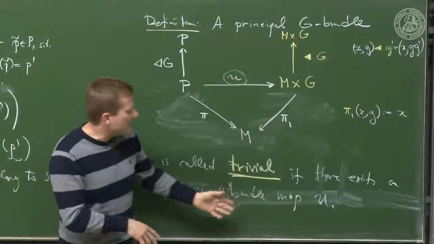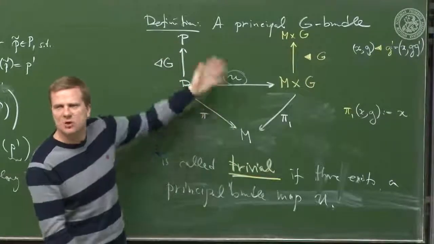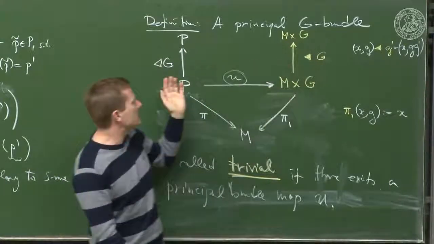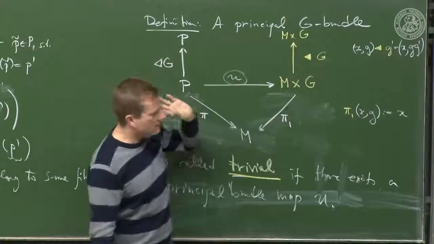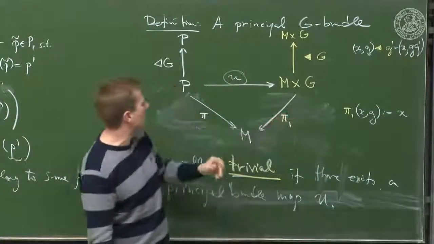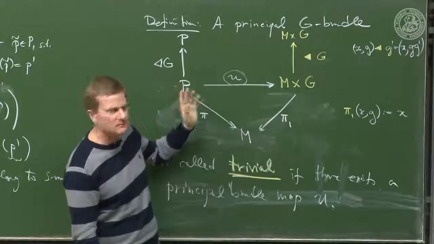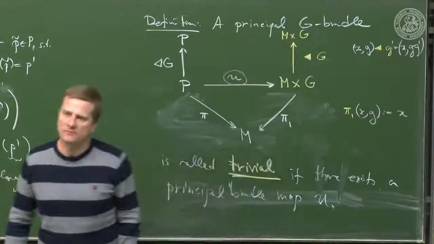All the structure here may look more complicated, but in fact it's diffeomorphic to this. Then any such bundle is called a trivial bundle if, after an appropriate diffeomorphism on the total space that preserves the group action and so on, it takes this simple form.